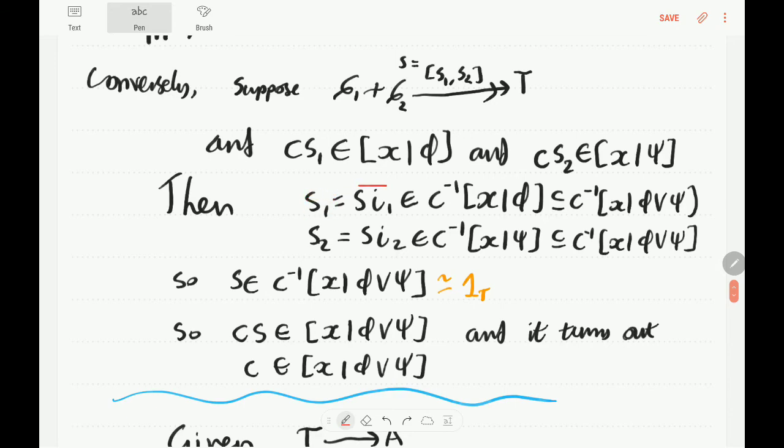Then S1, which is S after I1, is in C to the minus 1 of extension of phi, which is contained in C to the minus 1 of extension of psi or phi. In a similar way, we get S2 is in C to the minus 1 of extension of psi or phi.